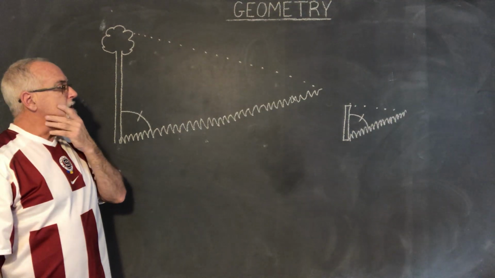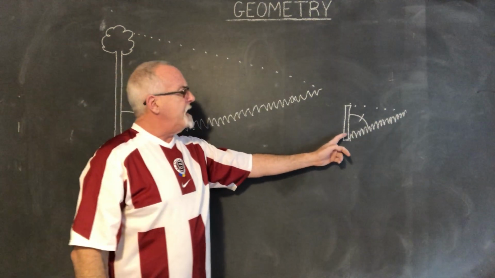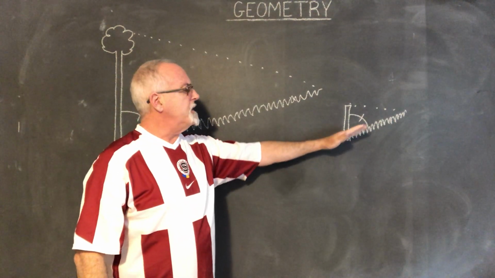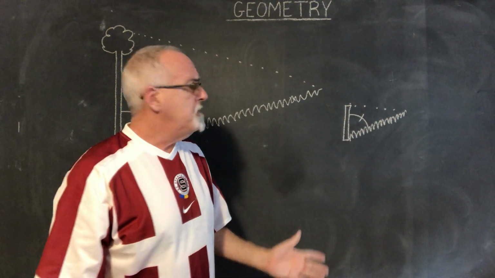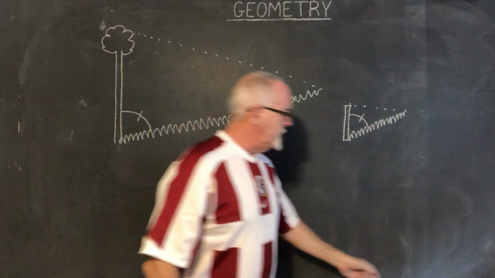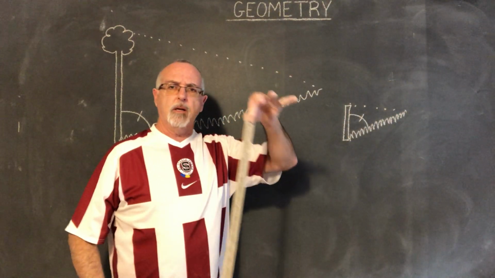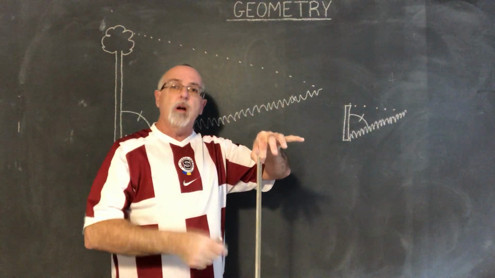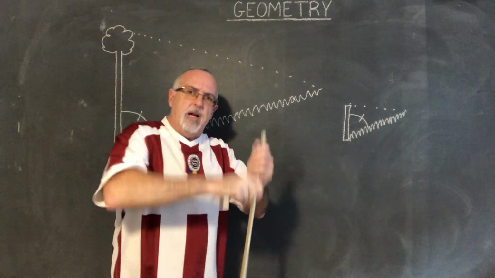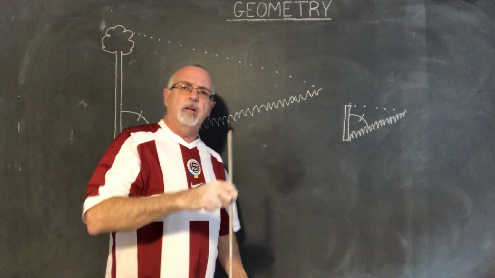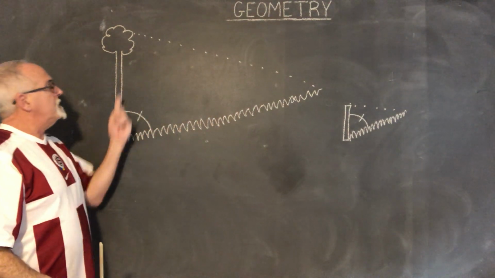I'll also point out that we should expect the angle between the shadow and the yardstick to be 90 degrees, because we're assuming that we put the yardstick so that it's sticking straight up, that we're not tilting it over, like leaning it on something or jabbing it into the ground a little bit so it's at a tilt. And we're also assuming that the tree also goes straight up.